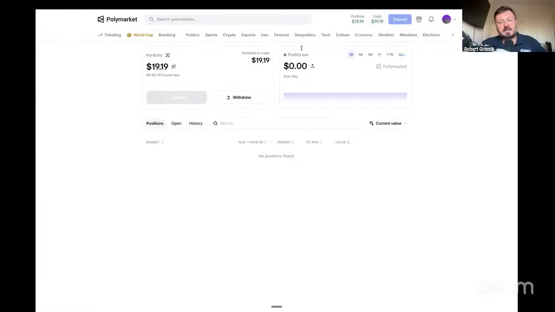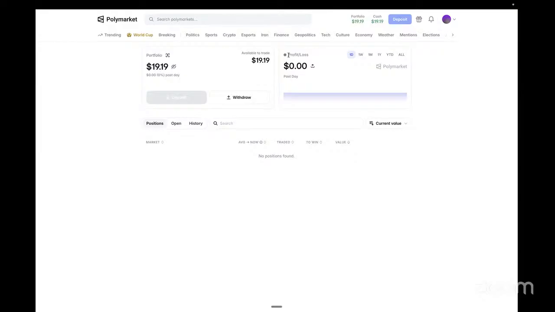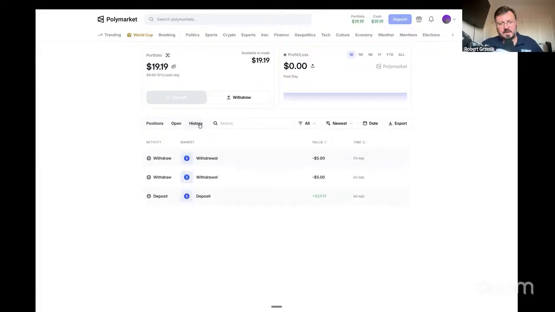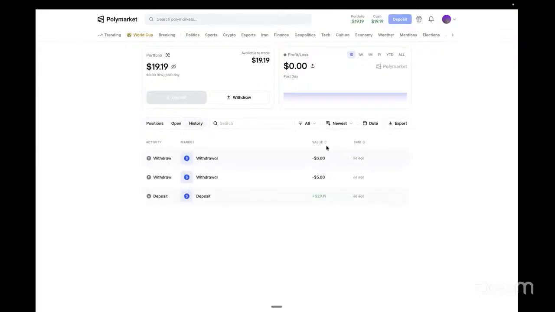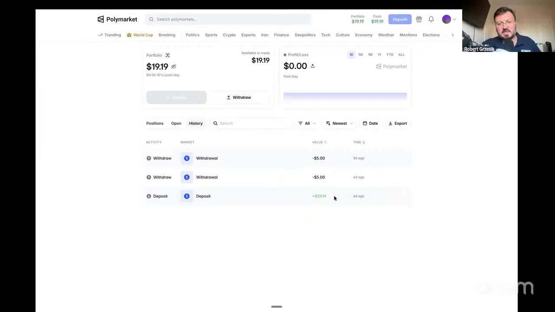Well, I think I deposited $30 and then we did a bunch of trading and it went down to like $5 and now it's back up to 20. If I remember correctly, it was something like that. Here we go, history, withdrawal. Okay, so deposit $30 and then withdrawals. I don't know if these withdrawals were trades.